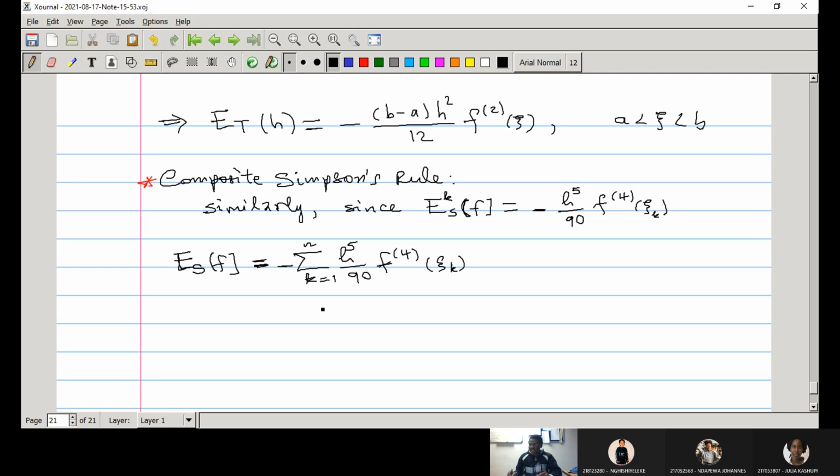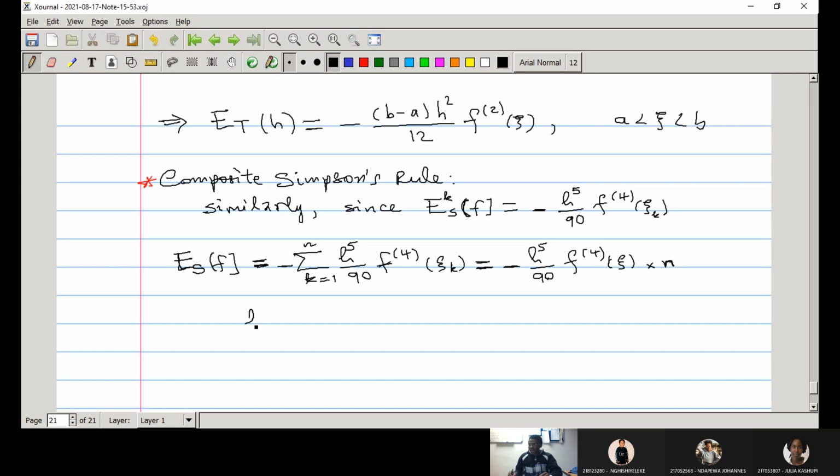So similarly, I'll just write the result here. So we have this one, h to the 5 by 90, the fourth derivative. Now, instead of depending on k here, I have that in n.